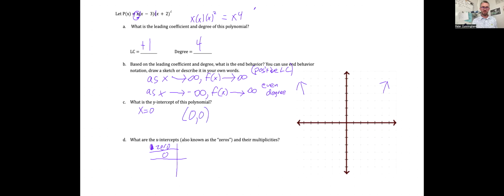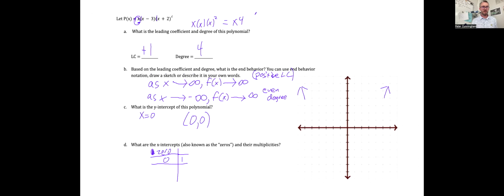All right, so that 0 with a multiplicity of 1. You also have, I lost some view there, okay. I have -2 with a multiplicity of 2. And I also have 3 with a multiplicity of 1 based on these factors, right?